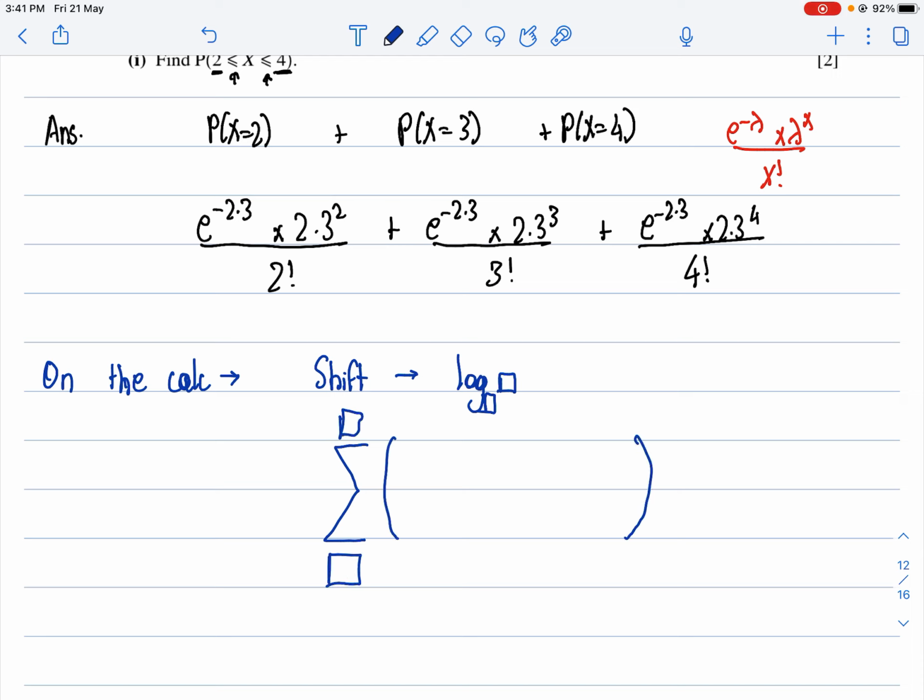We are summing from 2 to 4 inclusive, so in the lower limit write 2, in the upper limit write 4.